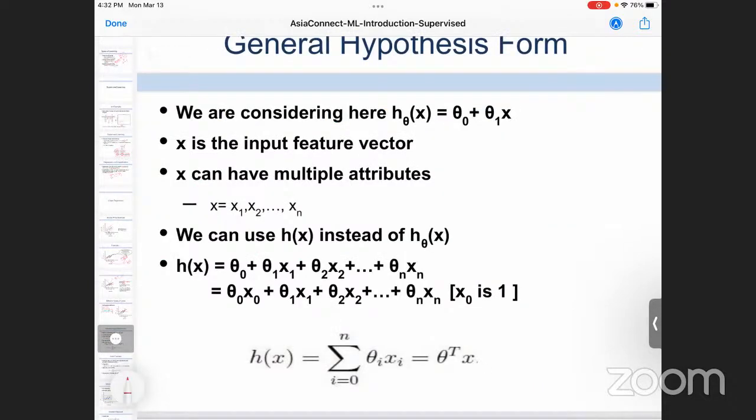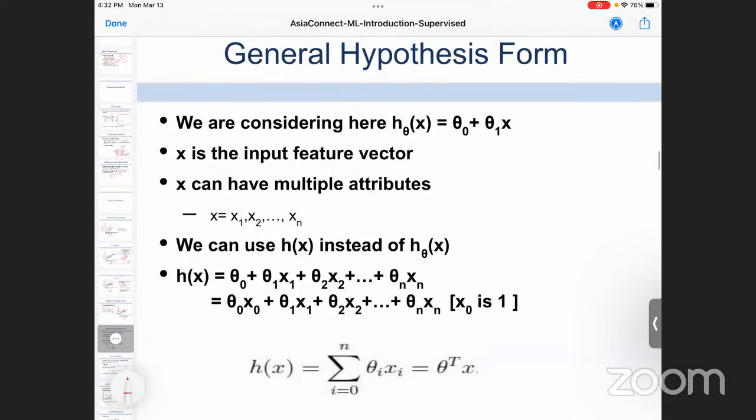So any questions so far? Okay. So we are considering here this as our hypothesis set. So this is a straight line, and X is the input feature vector. Input feature vector means there can be many features.